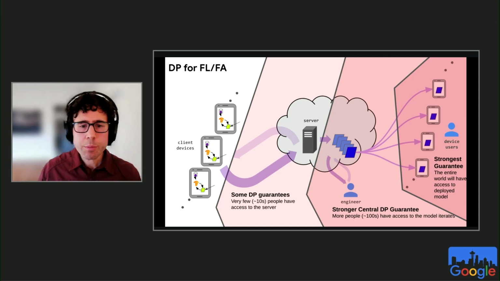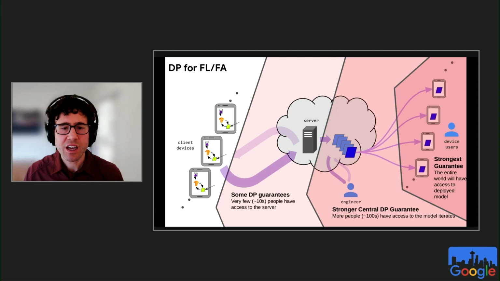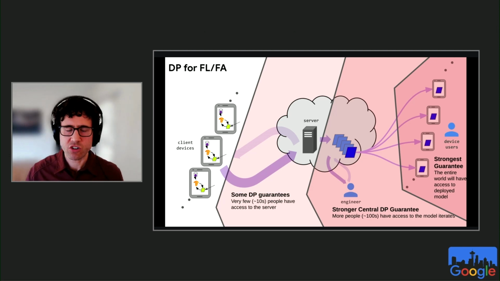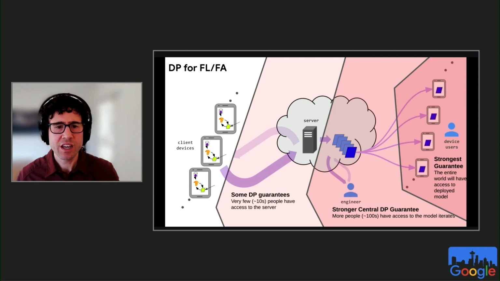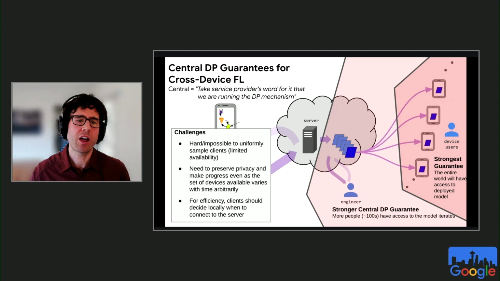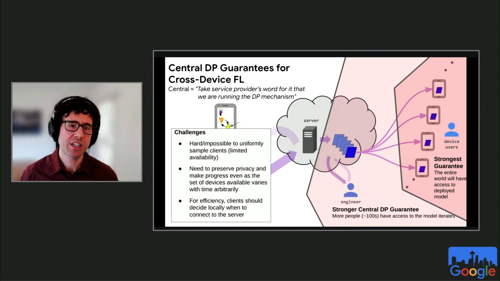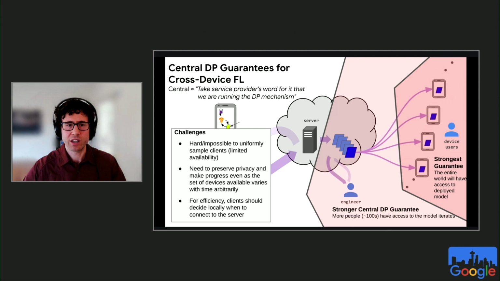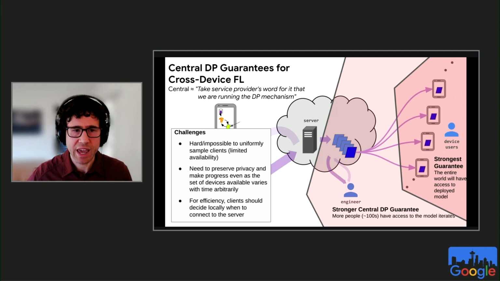So I want to take a couple of minutes to highlight two really cool advances we've had on providing stronger DP guarantees in the past year. The first is going to apply to central DP guarantees for cross-device FL. So here you can think of central DP basically meaning you still need to take the service provider's word for it that we're running the DP mechanism.